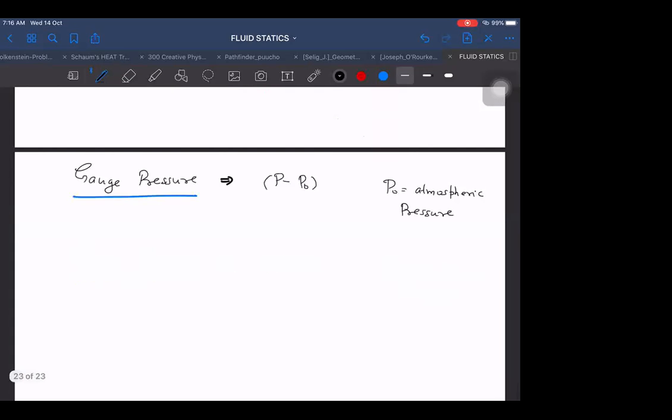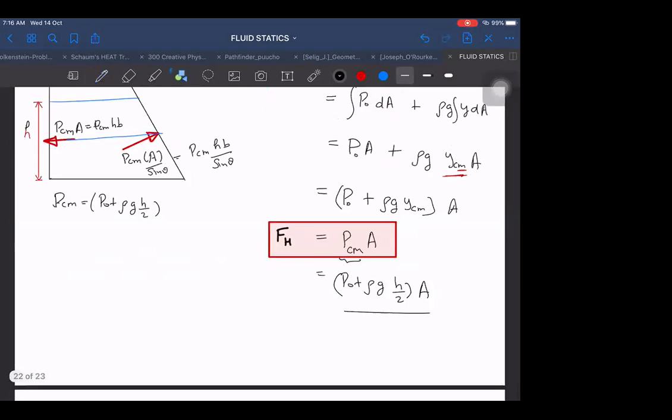Why do we take this gauge pressure? For example, if I have to write gauge pressure at center of area, gauge pressure at center of area will be rho into g into h by 2.